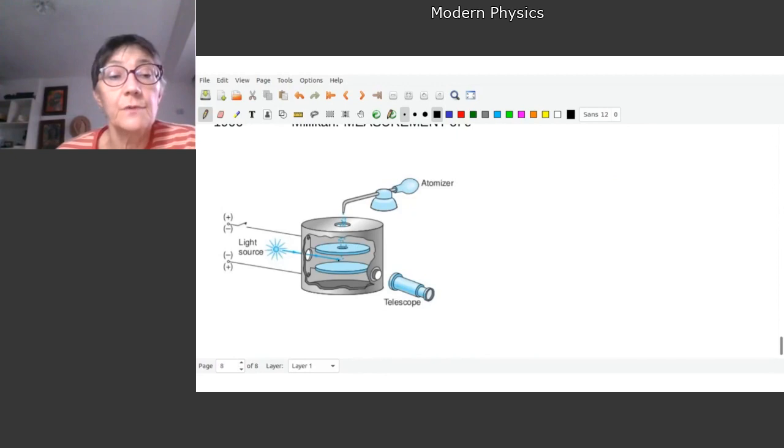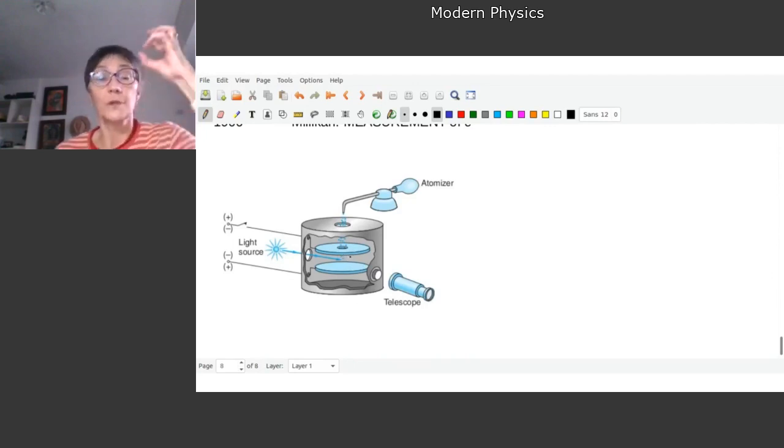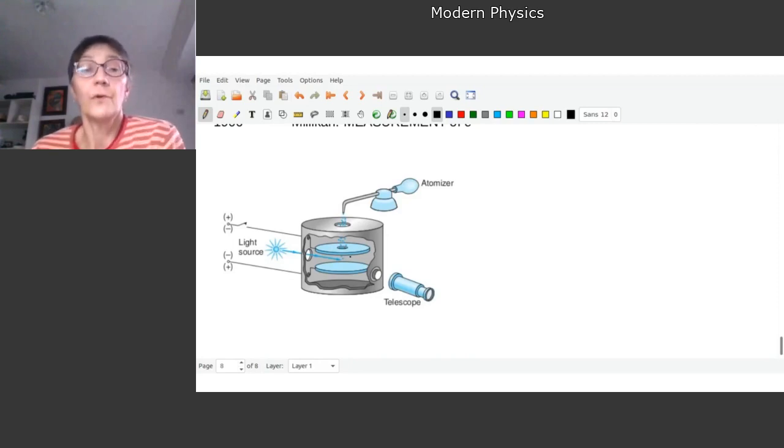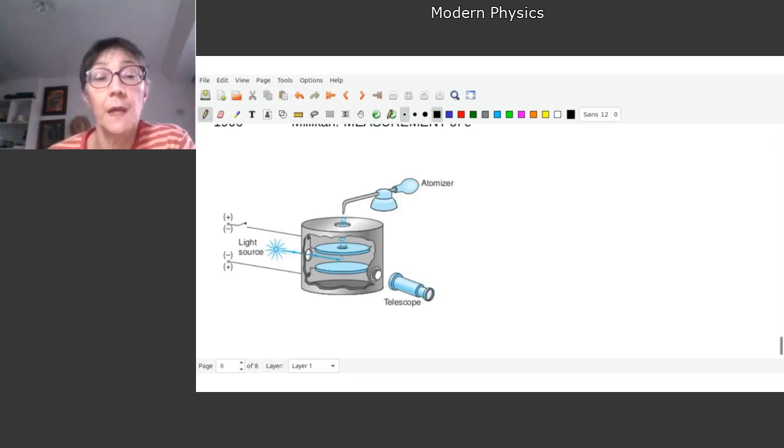This is because you see the behavior of this oil drops between the two electrodes, and you can play with the movement of the drops by modulating the electric field between the plates.